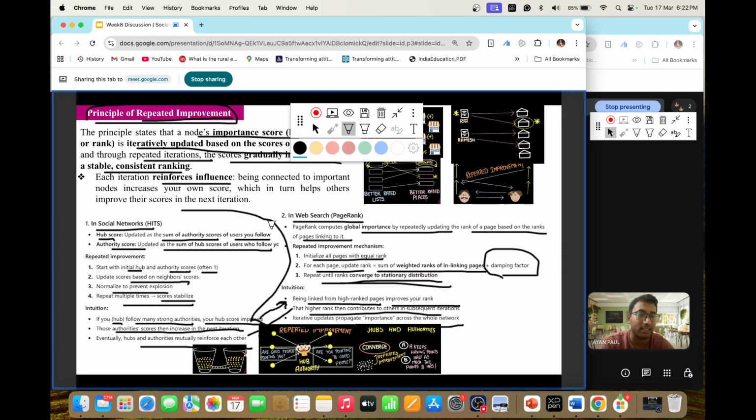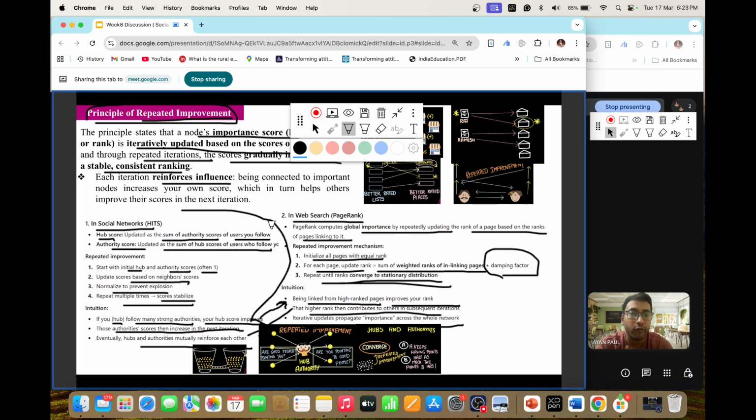Same thing, it initially starts with equal ranks for all the nodes, or equal scores for hubs and authorities. Then if a hub is connected to a strong authority, it will increase its rank, and in the next iteration those authority scores will also improve because the hub score has improved.